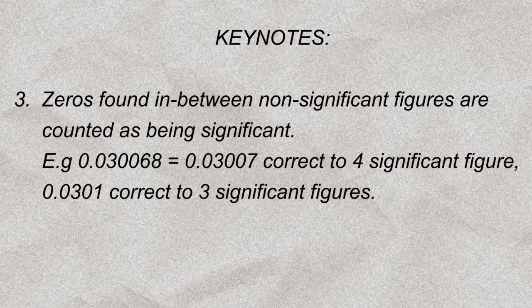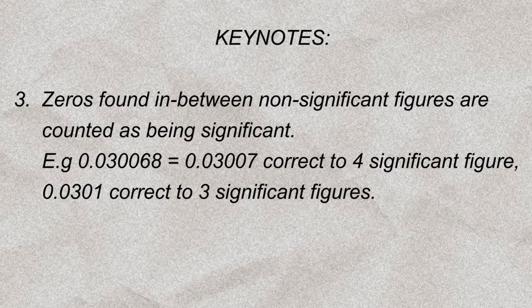Given 0.030068, if you are asked to round this up to 4 significant figures, the result will be 0.03007. Now if you take note, the zeros in between 3 and 7 are counted as significant figures.